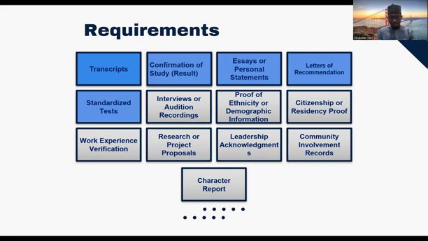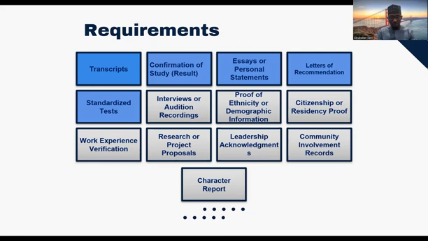Lastly, we have the character report. Some countries would like to know that you do not have any form of criminal indictments before. You have no criminal history. You are very clean. You are a responsible person. You are an upstanding citizen.